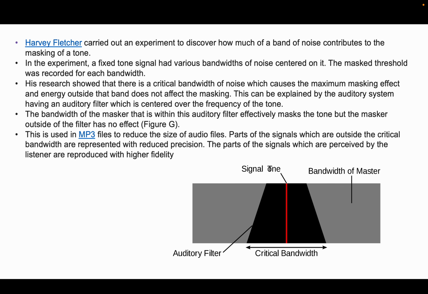And then the decompression would have an algorithm that would correspond to pixel ranges that were pre-encoded. So you can do the same thing with audio. When you have information that is outside of the critical band, you can represent it with reduced precision.